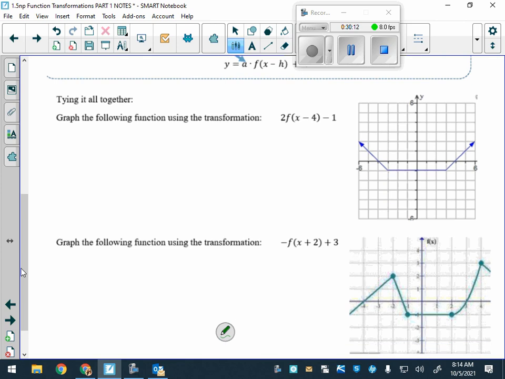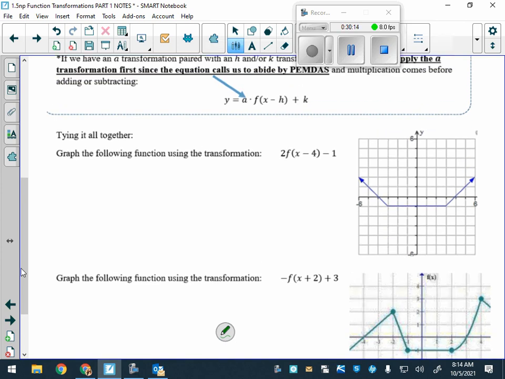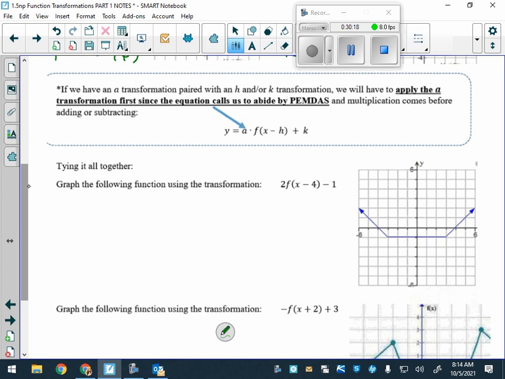And the last is just tying it all together. When there's multiple transformations happening, the most important piece is your stretch, shrink, and reflection have to happen first. Okay? Your multiplication has to happen first before up or down. Okay?